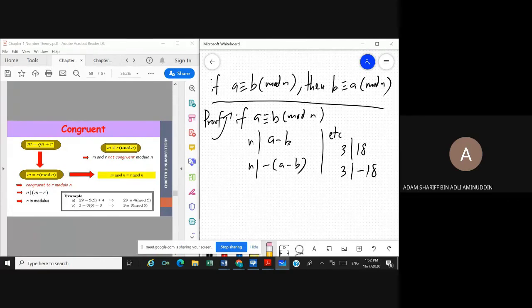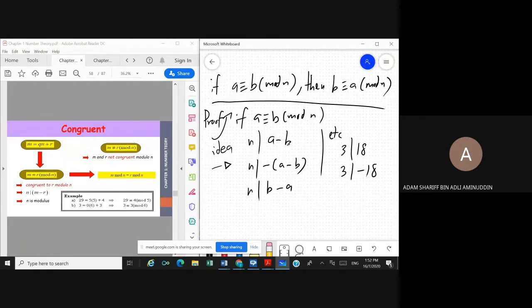Of course, right? 3 is a factor of 18. 3 is also a factor of negative 18. This is the idea that I implement here. As N is a factor of A minus B, N is also a factor of negative A minus B, which indicates that N will be a factor of B minus A as well.